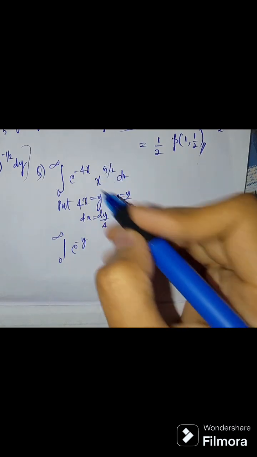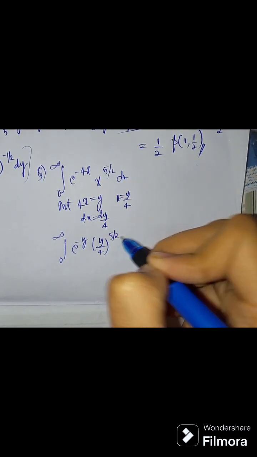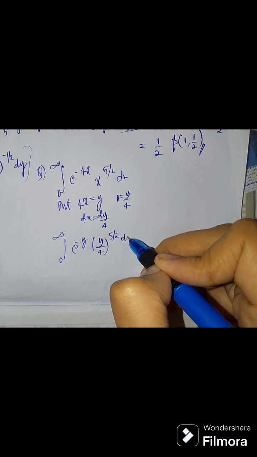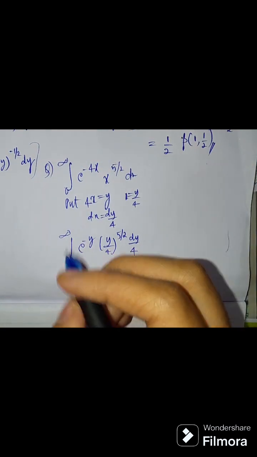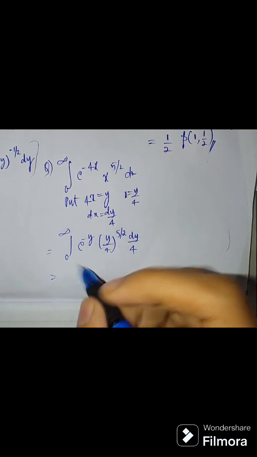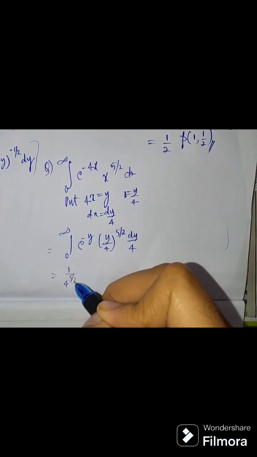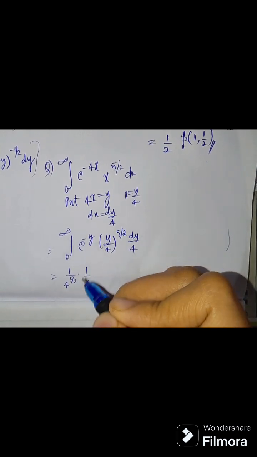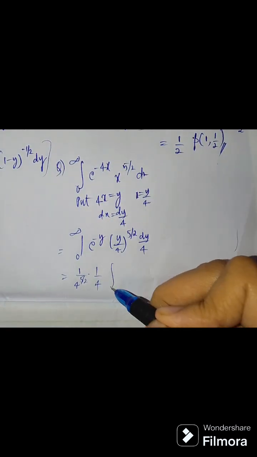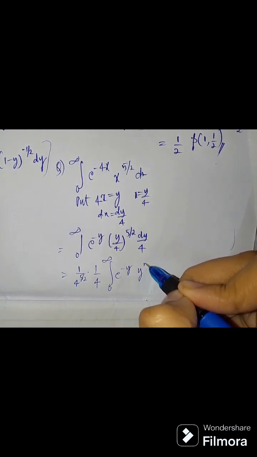X will become y by 4 power 5 by 2. Dx will become dy by 4. I'll bring all constants outside. So I'll get 1 by 4 power 5 by 2 and another 4. Next 0 to infinity e power minus y, y power 5 by 2 dy.